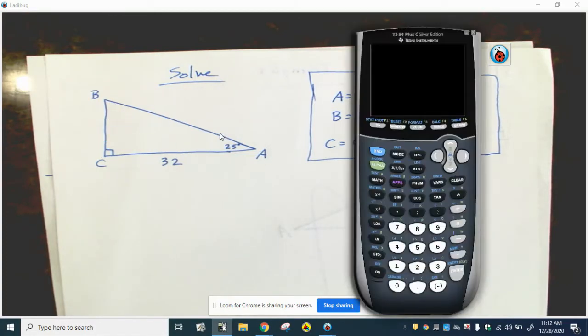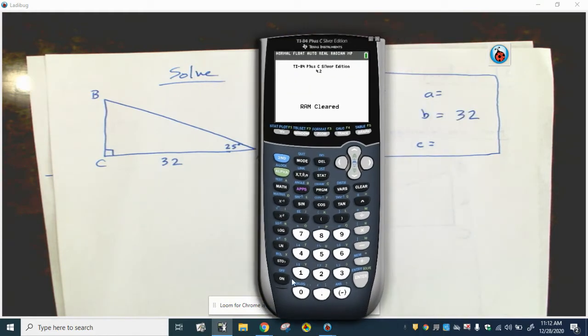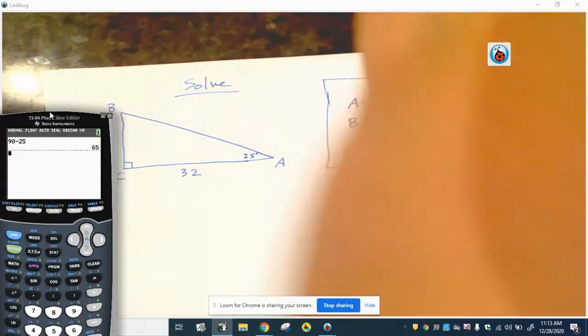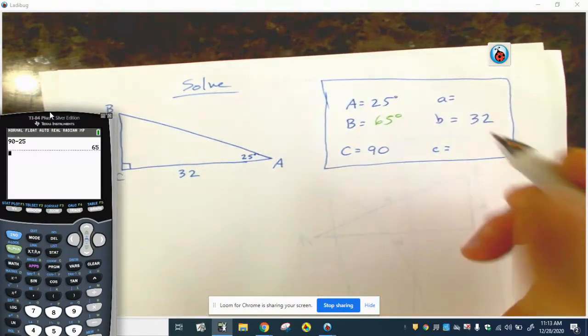So we know we can just use basic subtraction. 180 minus 90 is 90. I can just do 90 minus 25 and get my 65-degree angle. So I know this angle here is 65 degrees.